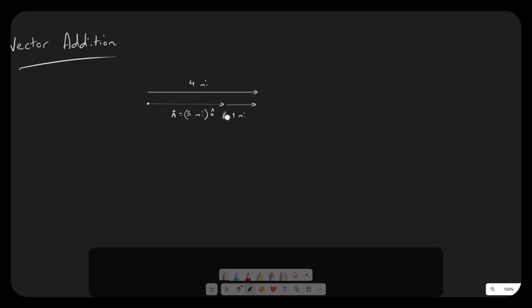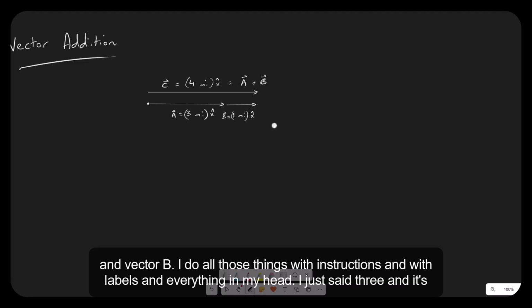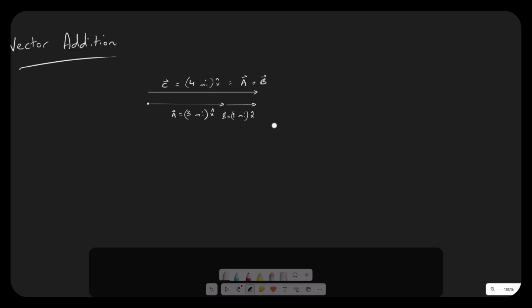Vector B is 1 mile in the x direction. So vector C is 4 miles in the x direction, which I got by adding vector A and vector B. Now, I didn't do all those things with instructions and with labels and everything in my head. I just said, well, it's 3 and it's 1 more, that's 4.